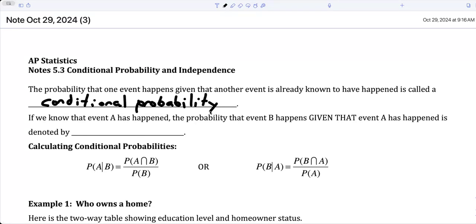If we know that event A has happened, the probability that event B happens, given that event A has happened, is denoted by this. So here's the notation: the probability that B occurs, given the fact, straight line, that A happens.